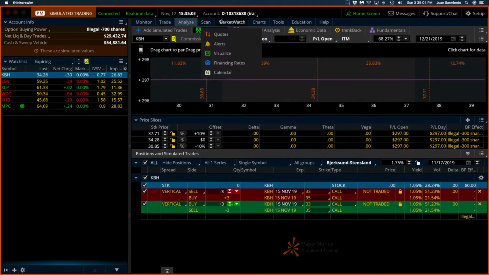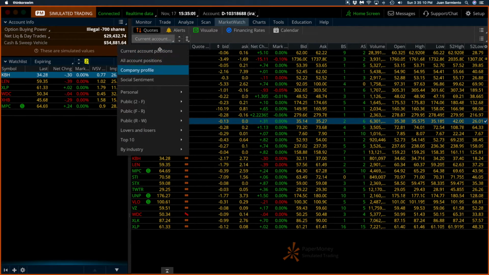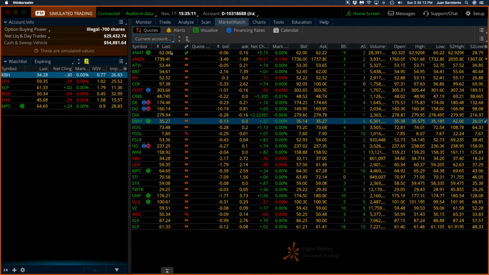Let's take a look at the market. Go to the Market Watch tab and make sure you have current account positions. And then look at that over here. It says KBH, and it's got the bid and the ask quite different. It says 32.11 to 37.